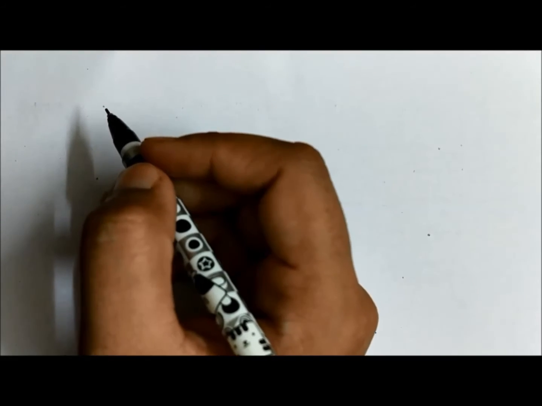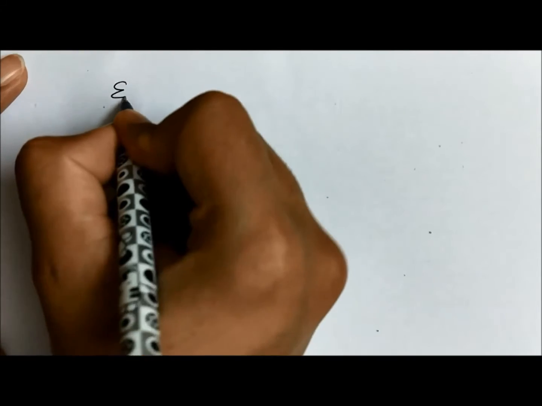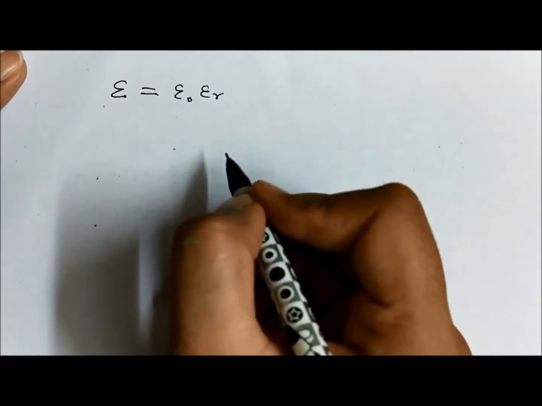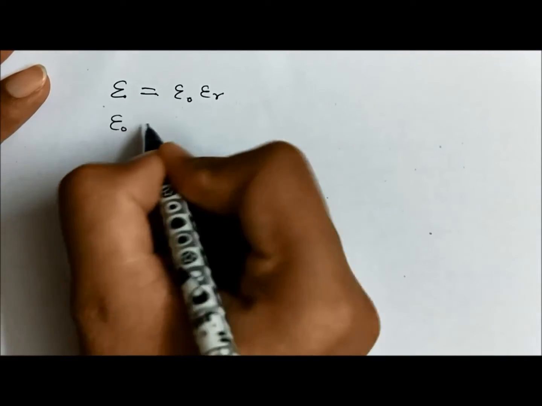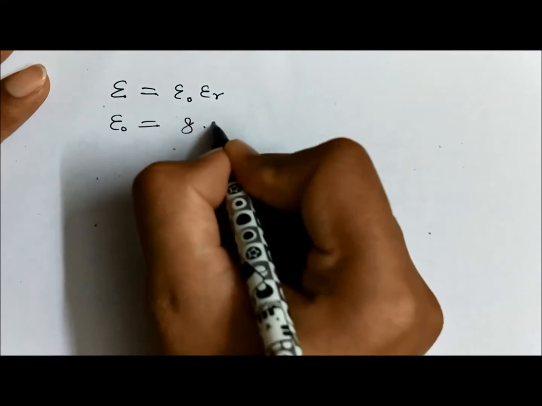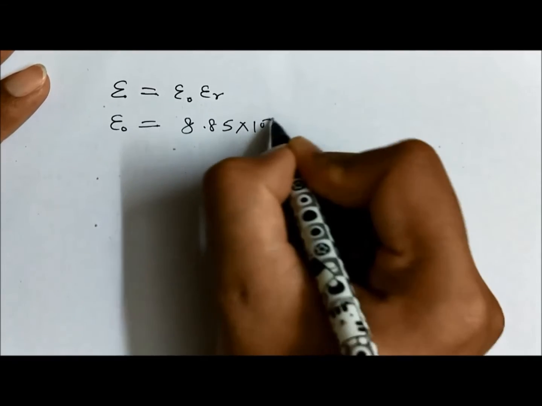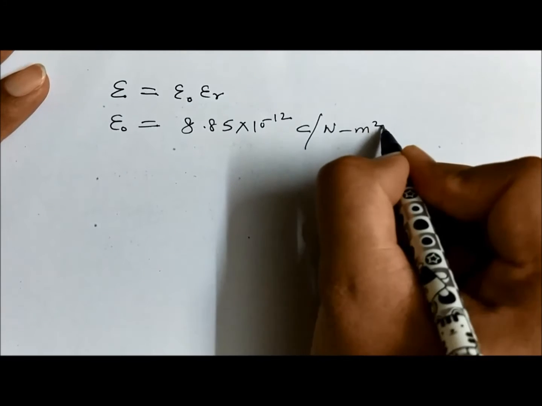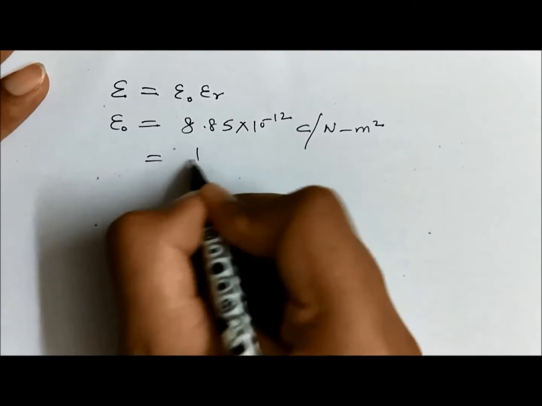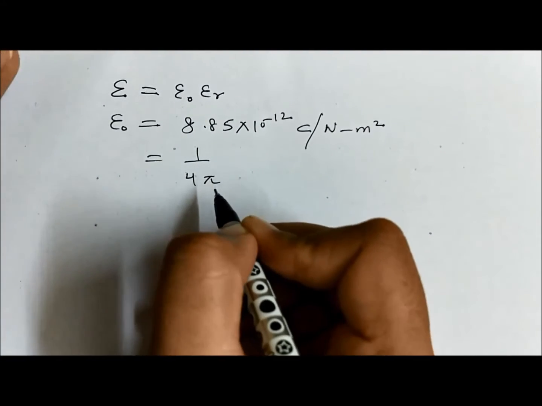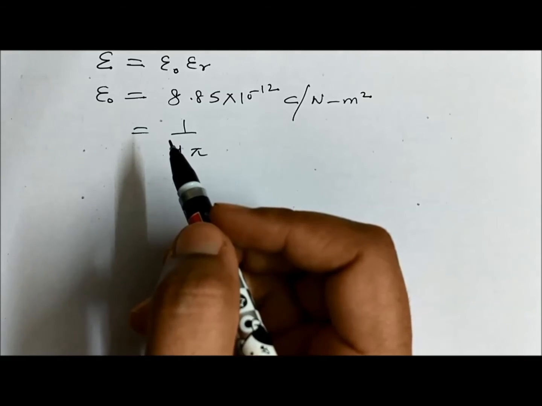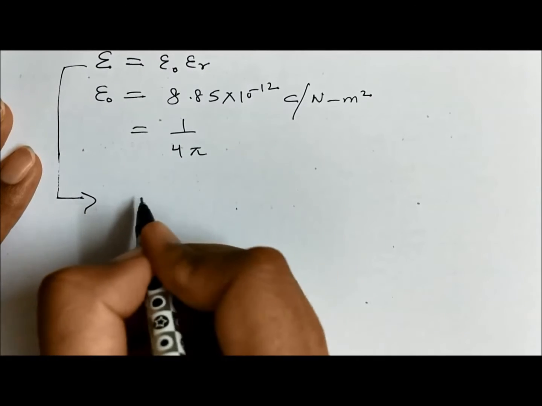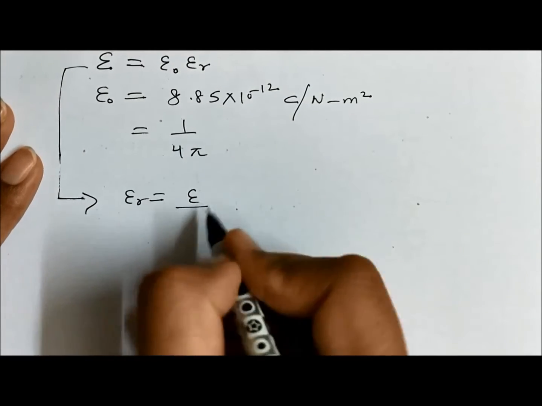So from this, epsilon can be written as epsilon 0 multiplied by epsilon R, where epsilon 0 is 8.85 into 10 raised to power minus 12 Coulomb per Newton meter square, or you can say 1 upon 4 pi. So epsilon R can be written as epsilon upon epsilon 0.